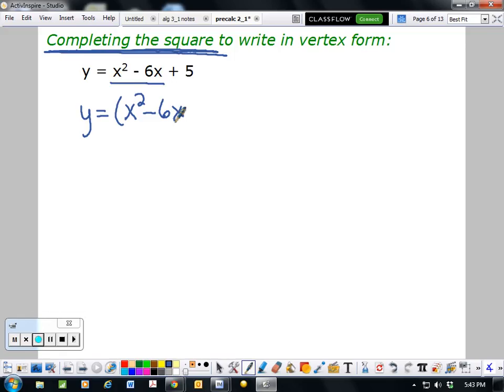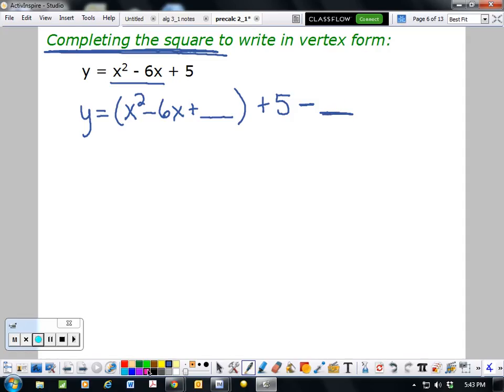So to complete the square, I need a number over here that I'm going to add in there so it'll give me that nice perfect square trinomial. I have this plus 5 over here, but because I'm adding this blank space right here, to keep my equation balanced, I have to subtract that blank space over here.